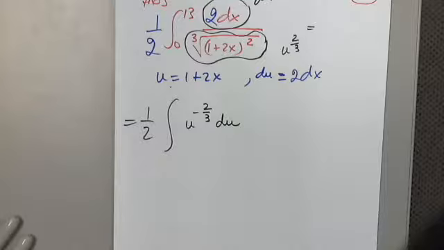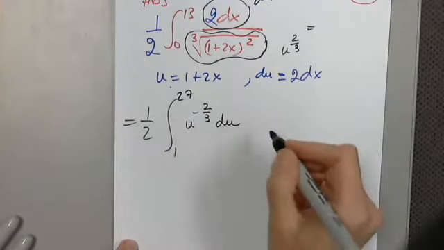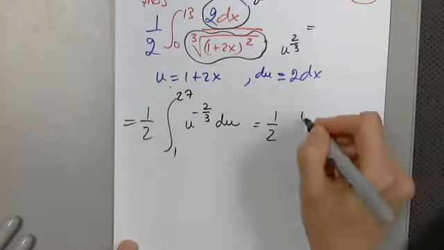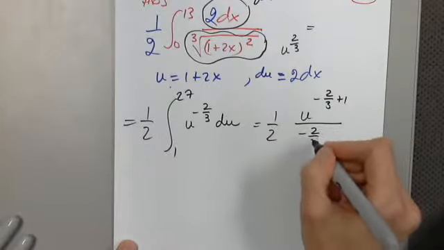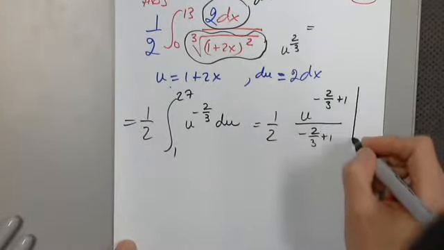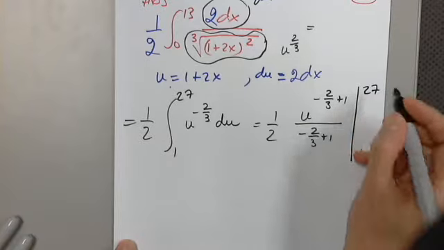So we have 1 as the lower. Indeed, when x is 0, the lower limit for u is 1, perfect. And when x is 13, the upper limit is? 27. Awesome. So this is 1/2 u to negative 2/3 plus 1 over negative 2/3 plus 1 from 1 through 27.